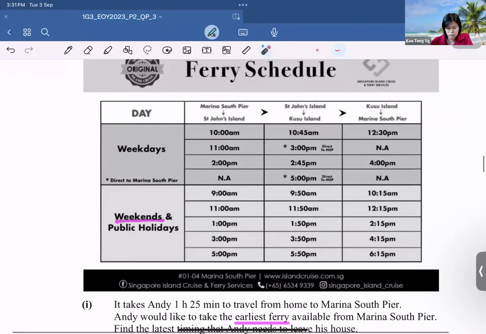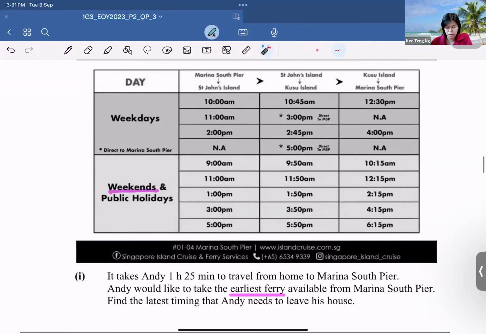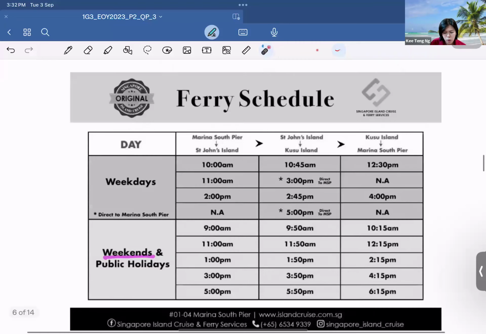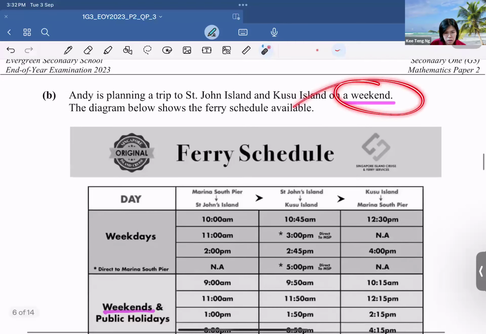Okay, so it takes Andy 1 hour and 25 minutes to travel from home to Marina South Pier. He'd like to take the earliest ferry. Which of the following is the earliest ferry from Marina South Pier on a weekend?